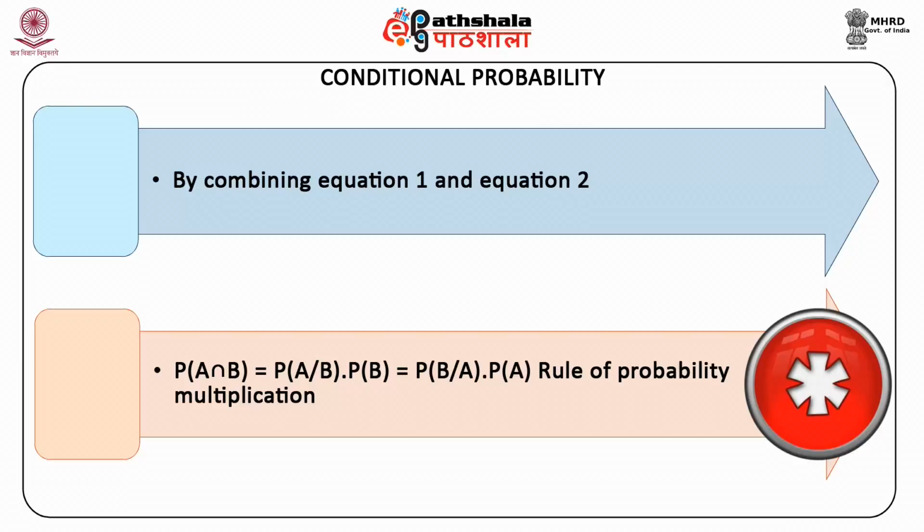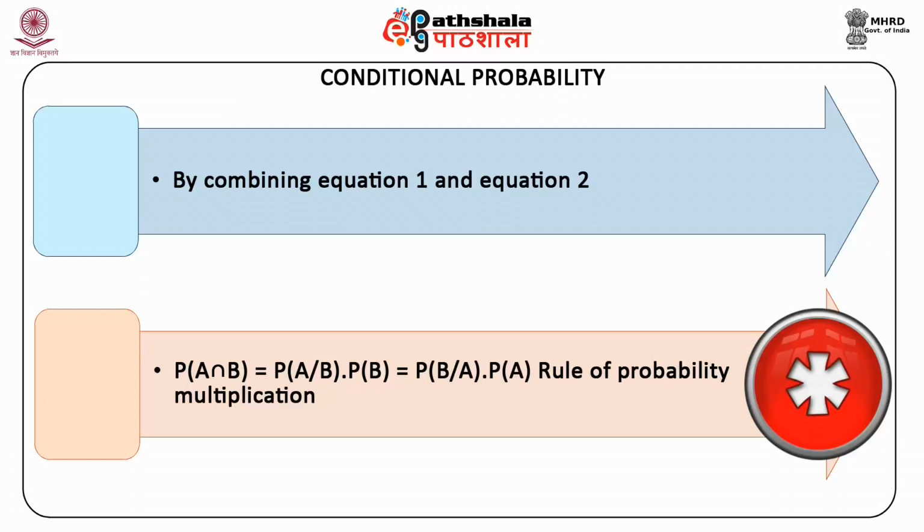According to this theorem, the probability of any two events A and B occurring jointly, that is, probability of A intersection B, is found by multiplying the probability of one of the events by the probability of the other, given the condition that the first event has occurred or will occur.